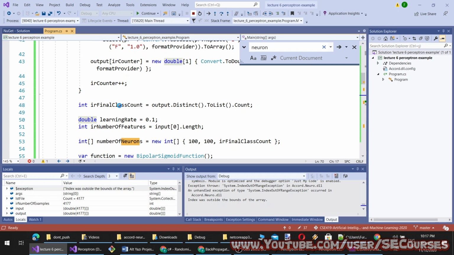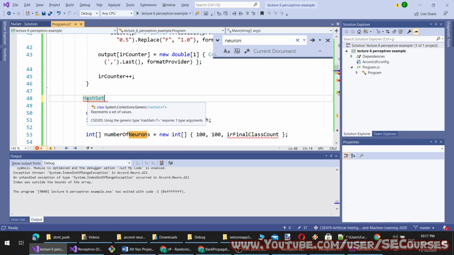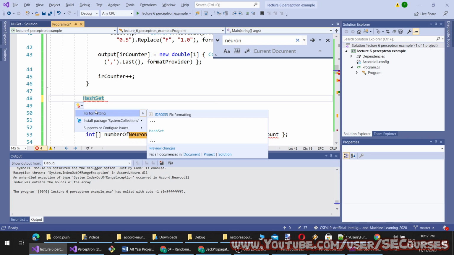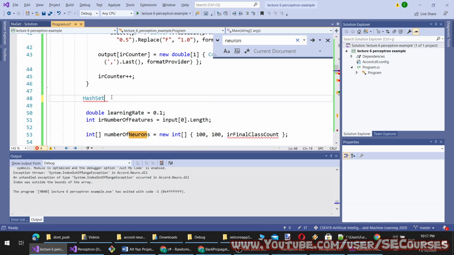Oh, we have a problem with the final class count. Yes, it is not correct to count. Okay, I will make it like this. Let's set output classes.